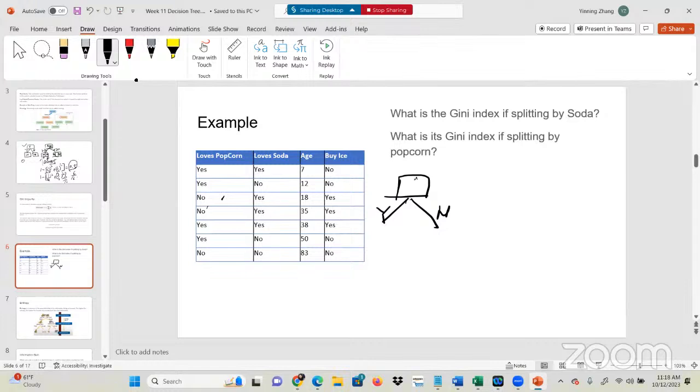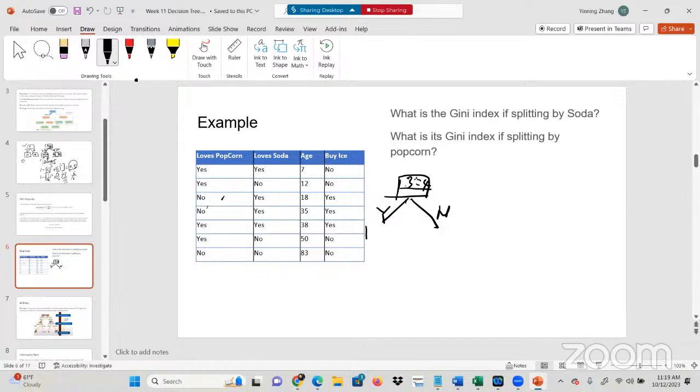The probability is how many buy ice cream, how many buy no ice cream? Yes and no. That's 3 to 4, right? 3 buy ice cream and 4 didn't buy ice cream.